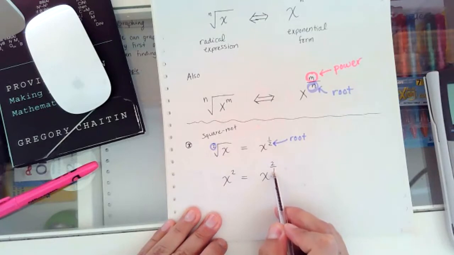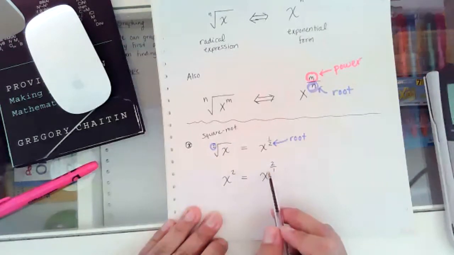No, I mean, the first example you gave us is that the square root is the opposite, the inverse. So x to the second power is equal to the square root, right or no?